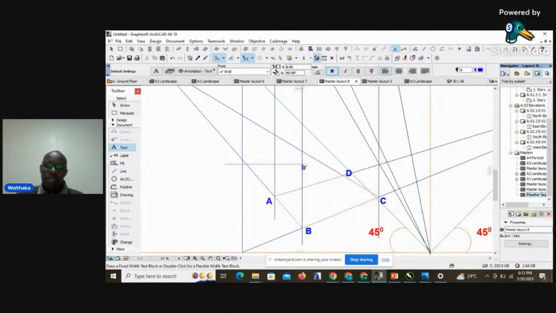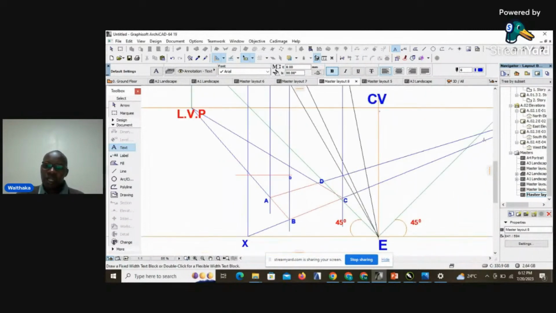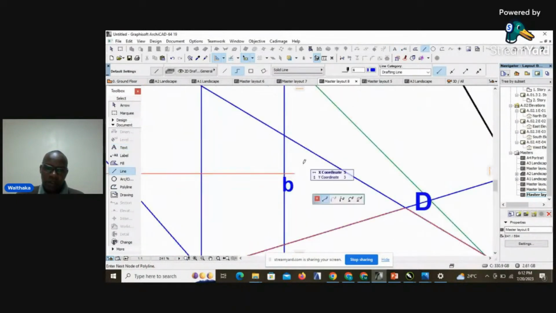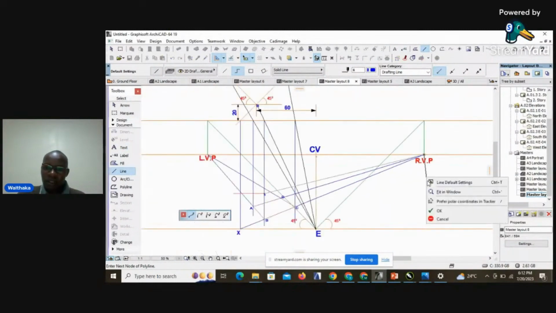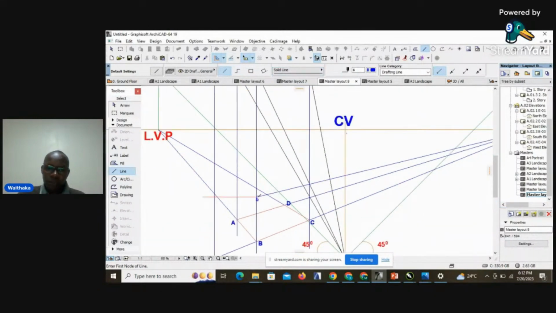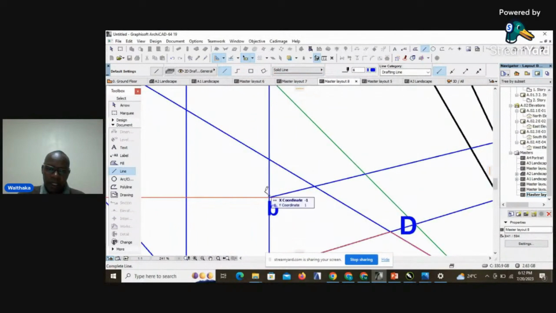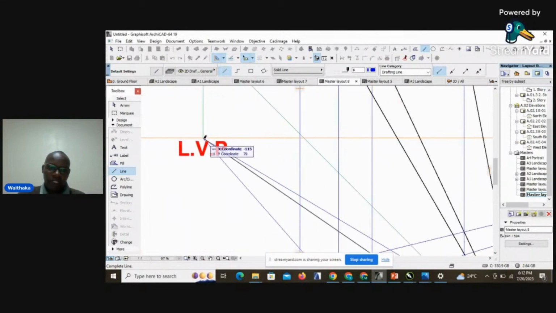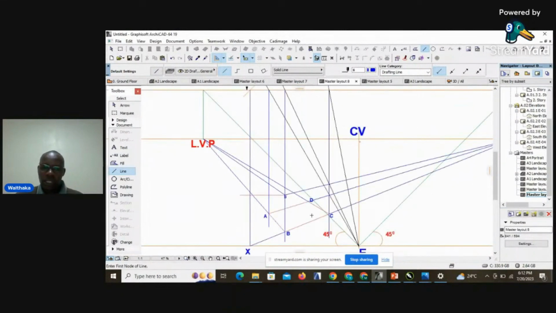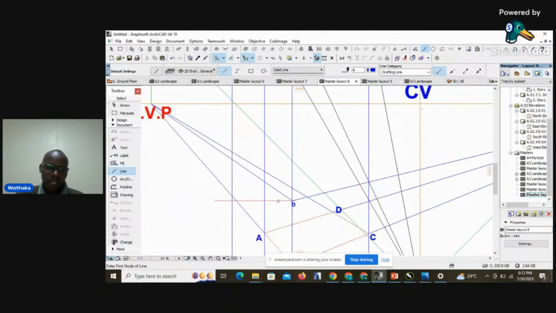And then b will require to ensure that b recedes to the right vanishing point and the left vanishing point. So we will draw a line from point b to the right vanishing point. And then we'll also draw a line from point b again to the left vanishing point. So those sides will always recede either to the left or to the right.